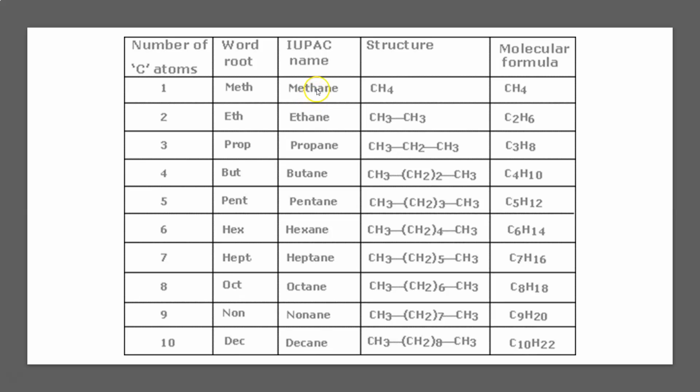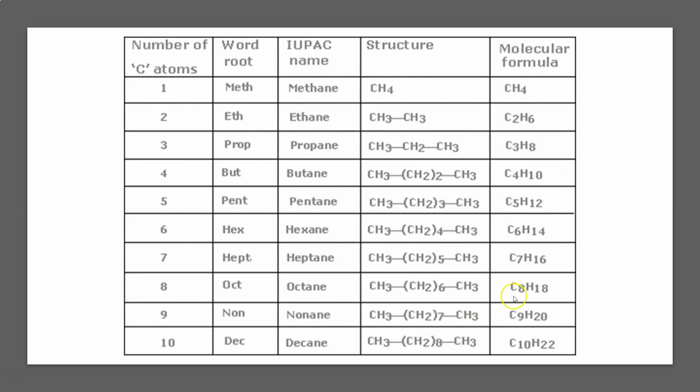So the names of the alkanes are methane, 1 atom of carbon, ethane, 2 atoms of carbon, propane, 3, butane, 4, pentane, 5, and so on.